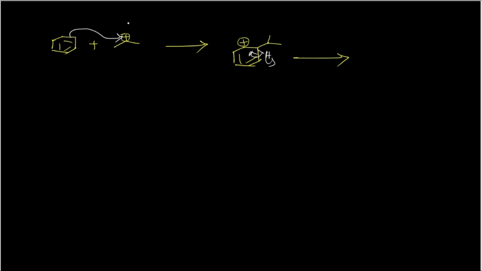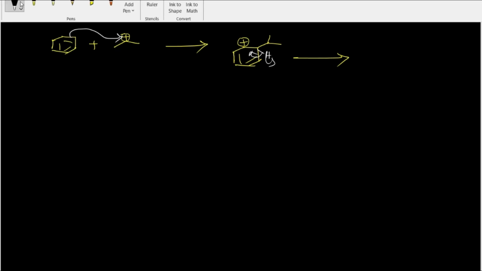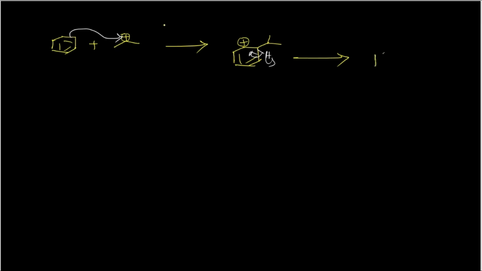So it loses its aromaticity at the start, and then it regains its aromaticity because aromatic is more stable, right? So let me write it over here again. So finally we have got this, which is the cumene.